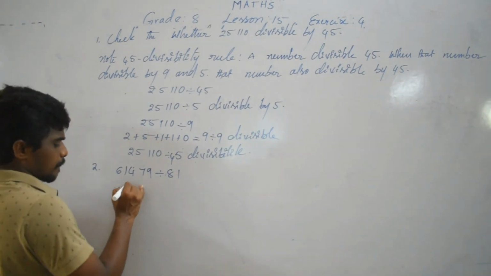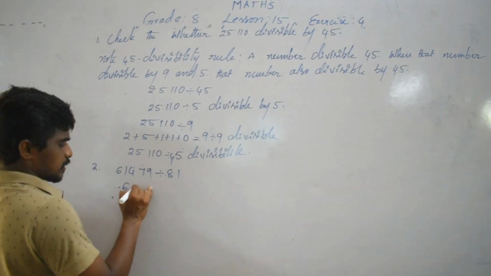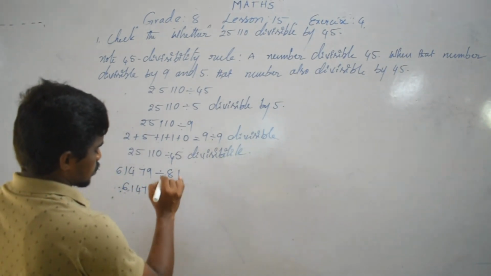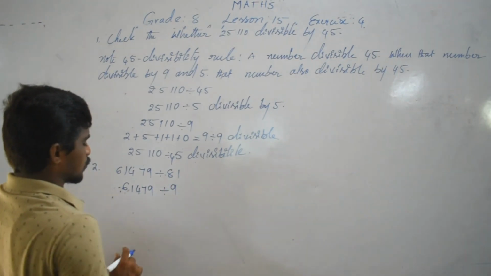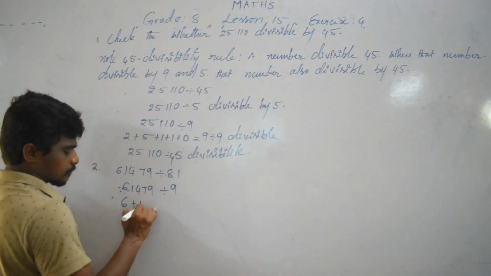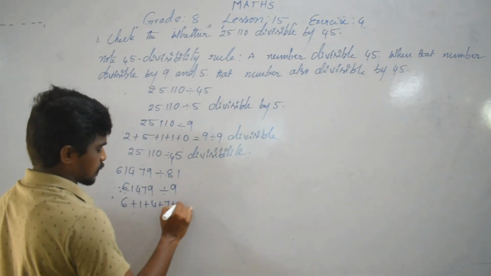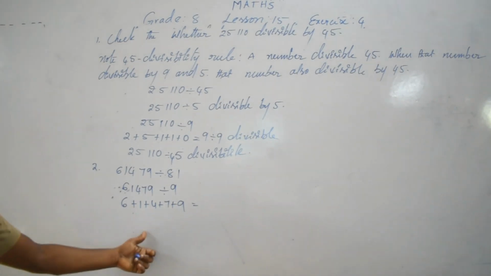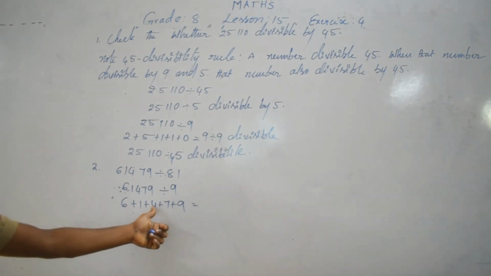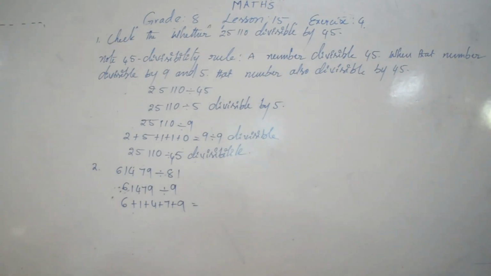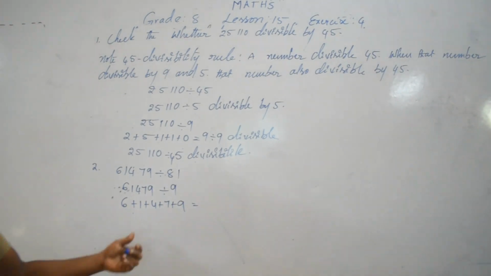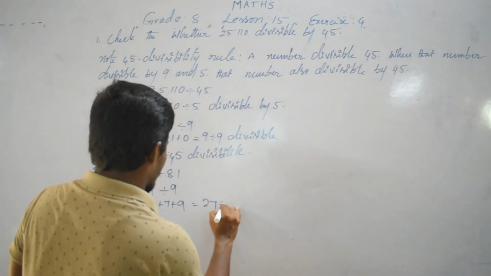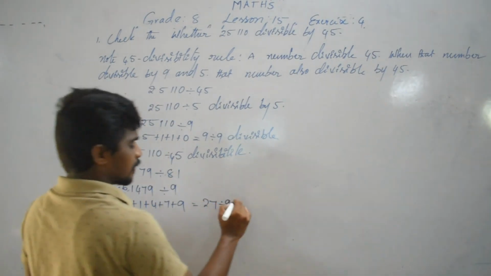So here, 61,479 divided by 9: 6 plus 1 is 7, plus 4 is 11, plus 7 is 18, plus 9 is 27. 27 divided by 9, divisible.